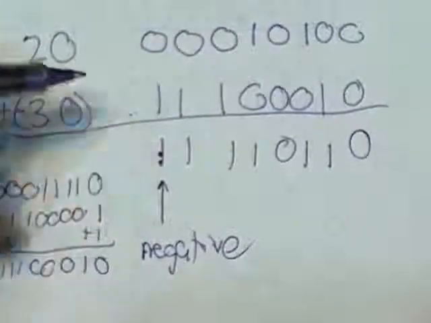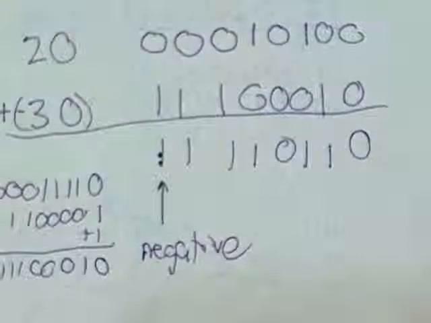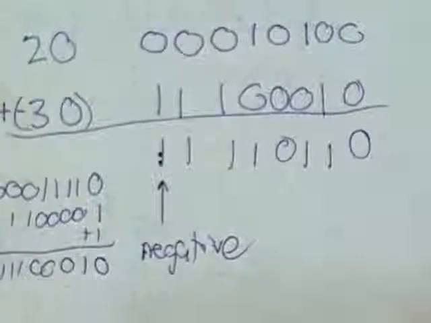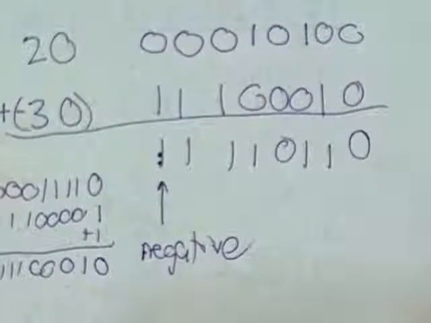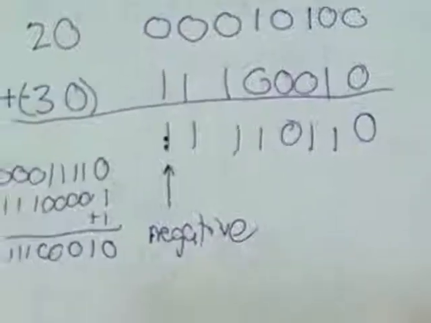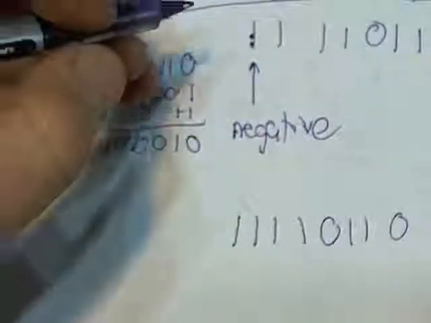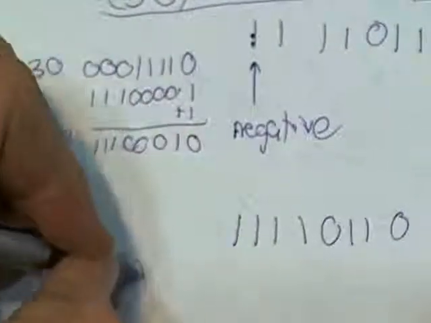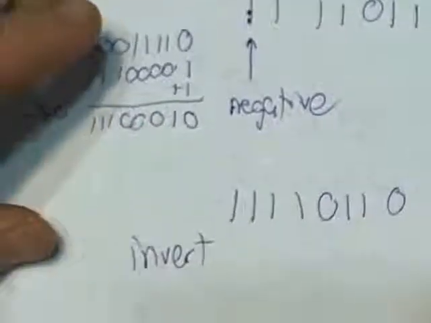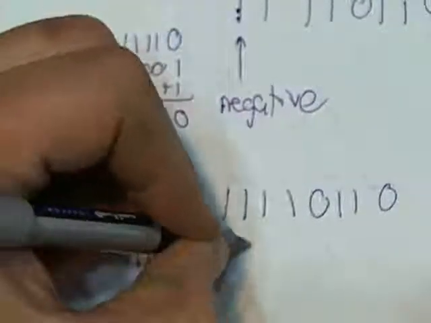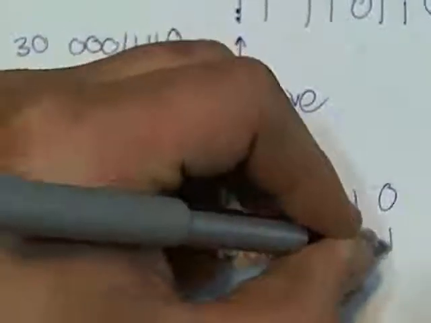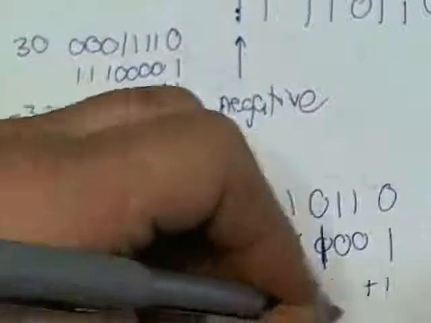So I'm going to rewrite that number, 11110110. I'm going to invert. When I invert, I get 00001001. And now I'm going to add 1.